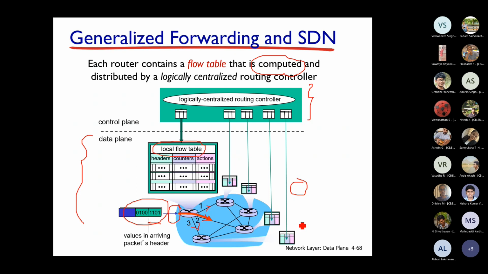Which is the shortest path? But this pathway will get updated dynamically. Sometimes some devices may get connected or disconnected. Accordingly, this computation will happen. Then the local flow table, each flow table, will also get updated.